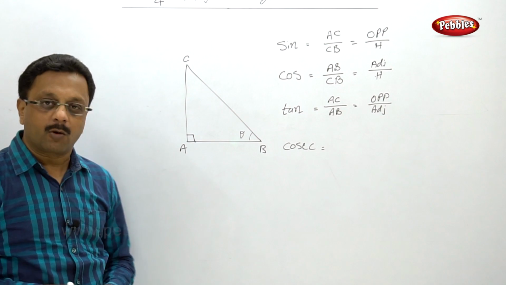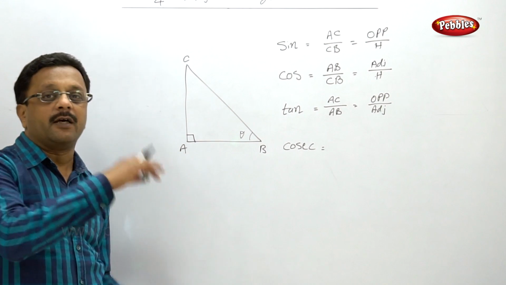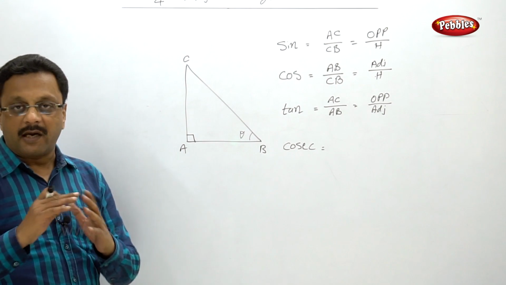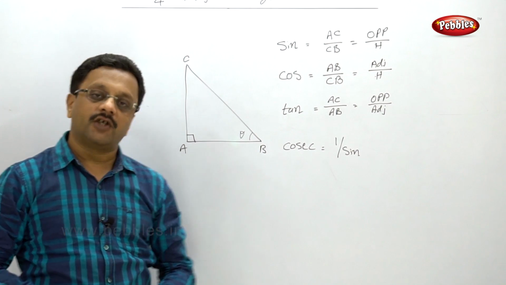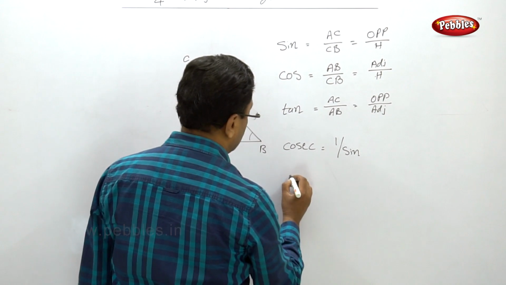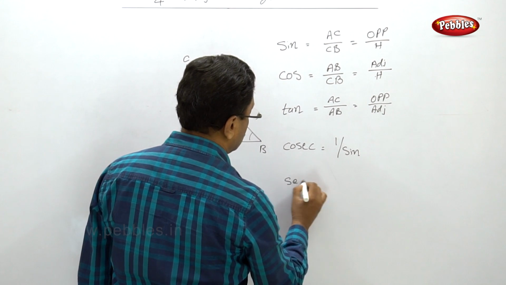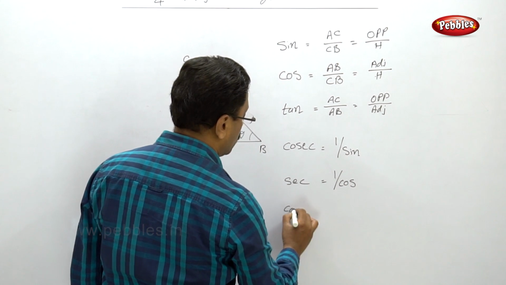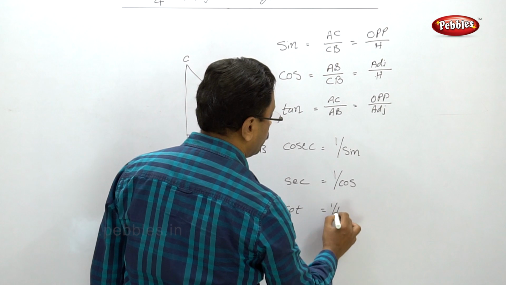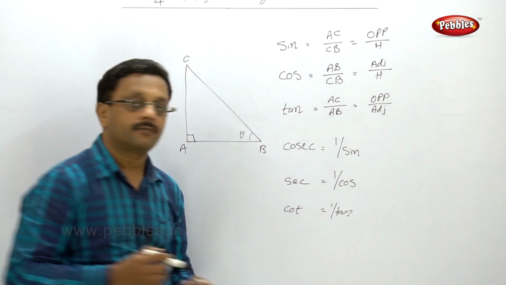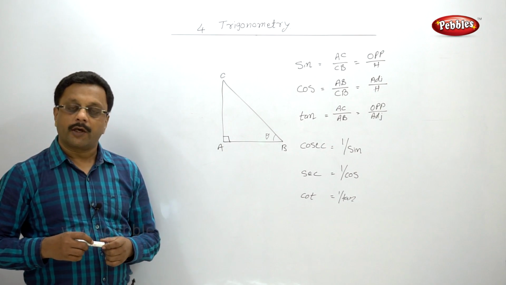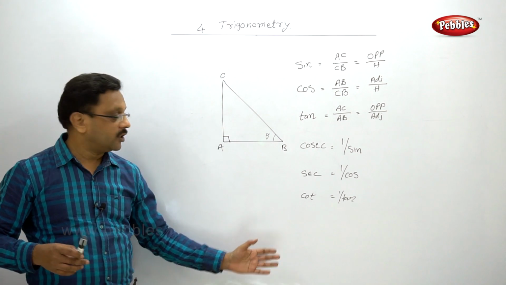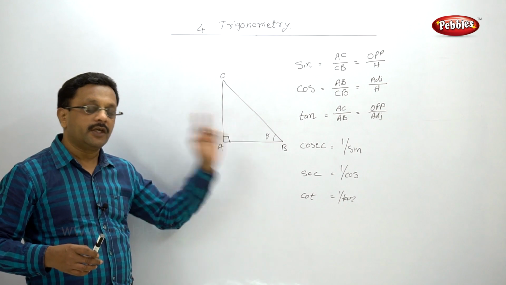Now don't remember cosec as some side upon hypotenuse or hypotenuse upon some side. Don't learn it by heart in this fashion. This is just the inverse of sine. Like that, sec is the inverse of cos and cot is the inverse of tan. You have to remember this with respect to angle theta.